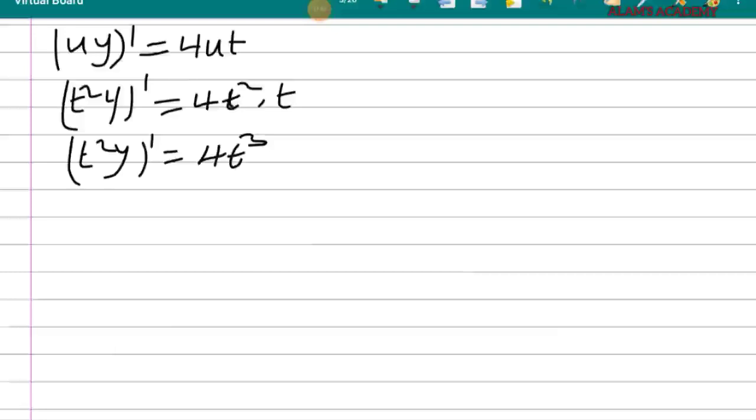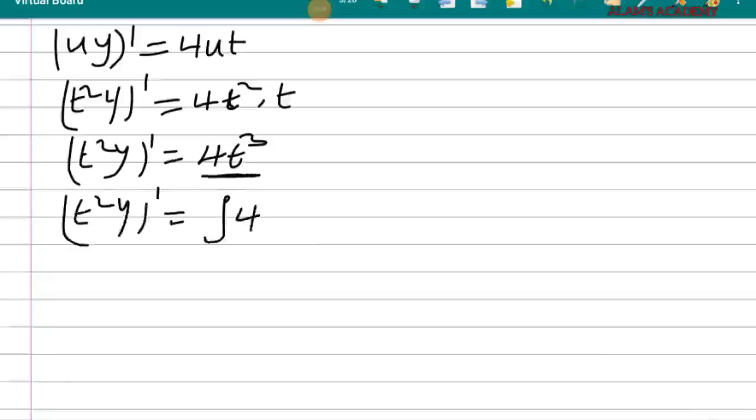So that's wonderful. We now integrate and differentiate the right hand side. So this is what we mean. You integrate and you differentiate at the same time.